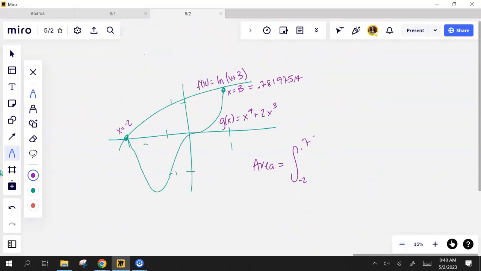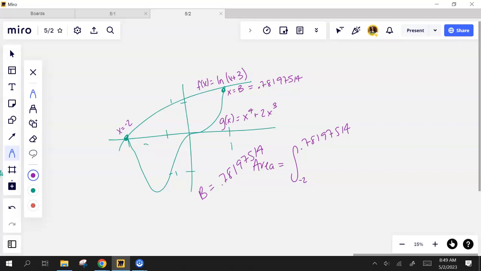So 0.78197514, or if you came at the beginning of the problem and said b equals, you could just keep referencing b. Just make sure you define it in that part. They're going to score what's in that part, yeah. I would probably keep it and not round until the very end.